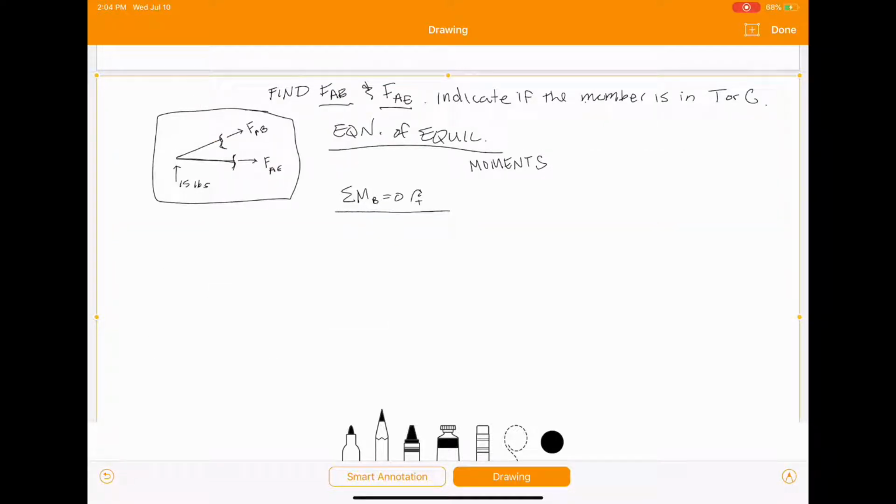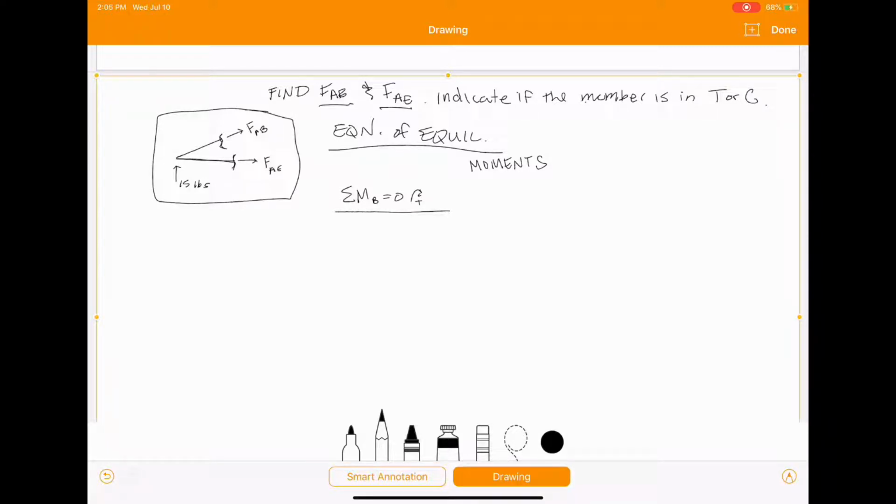So we're going to go ahead and take a moment about point B. Again, if you have any questions about how to do this portion of it, this is exactly the same as equilibrium of a rigid body. You can head over to that video, and it'll give you a more detailed explanation on what we're doing here. But I'm just going to run through this really quickly.